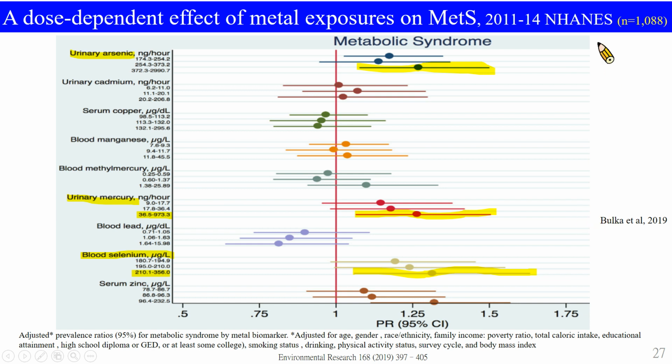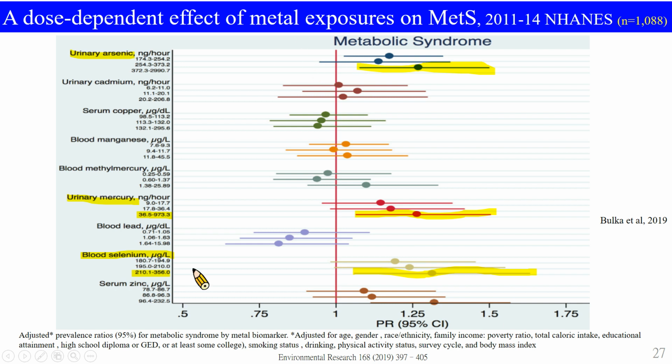For example, individuals with the highest concentration of urinary arsenic, urinary mercury, or blood selenium all have the highest level of metabolic syndrome risk compared to the reference, which has the lowest urinary arsenic, urinary mercury, or blood selenium levels.